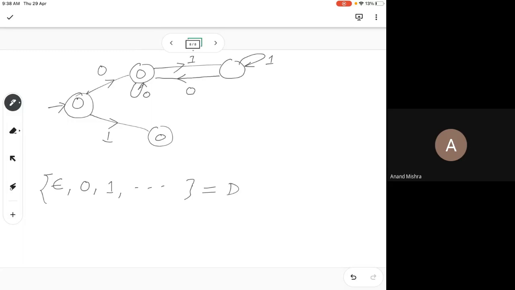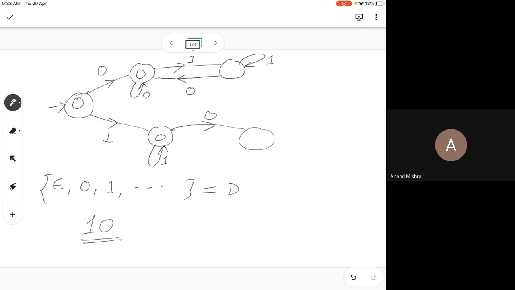And in a similar way, when you read 1 and you read more ones, it doesn't really make any difference. You will be here only. But when you read 0, you have to go to the alert state. Why is that true? Because once you read 1, 0, you should be alert so that if 1 comes, I should reach the final state. So whenever there is 1, 0, I will go to the alert state.